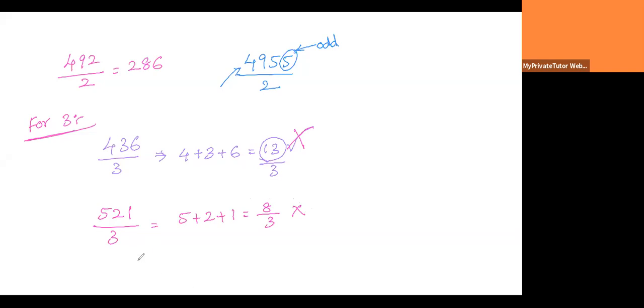So let's take a different number, 3486. Is it divisible by 3? We just need to add each digit, right? So 3 plus 4 plus 8 plus 6.